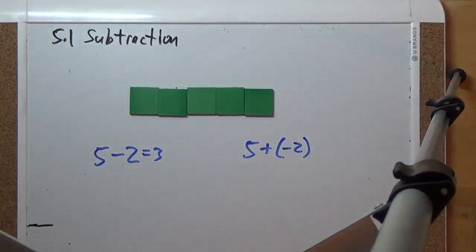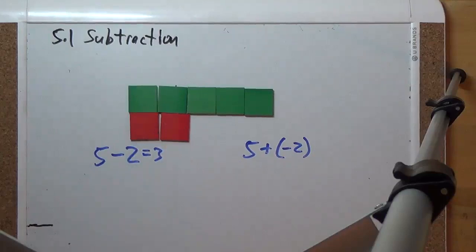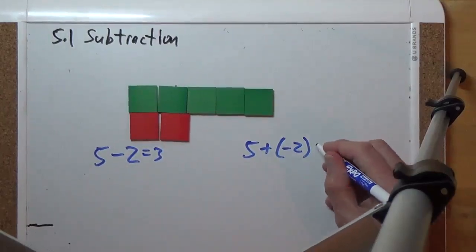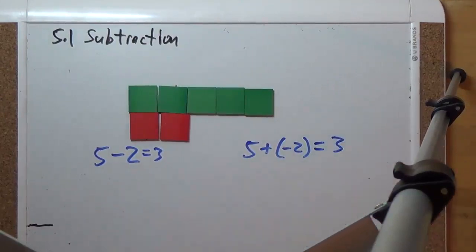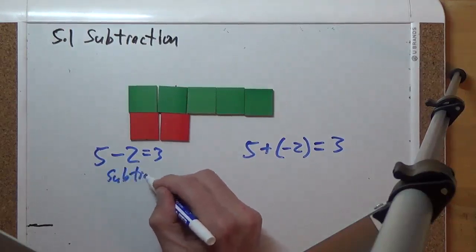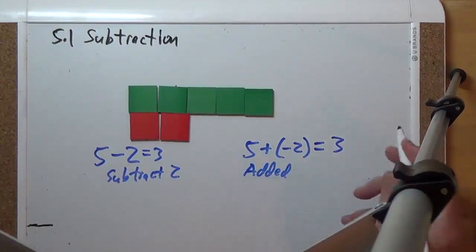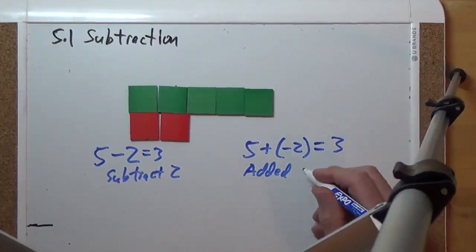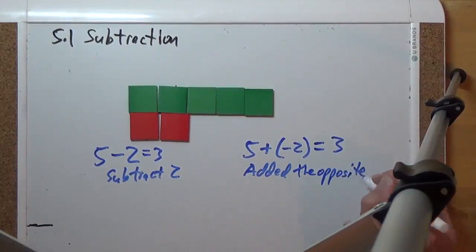So this means I'm physically adding -2. And look where we ended up. Both of them gave the answer of 3. So look at this. I subtracted 2 and I added its opposite, and I'm going to let you tie that together. There's a theorem about this. That should do this one.